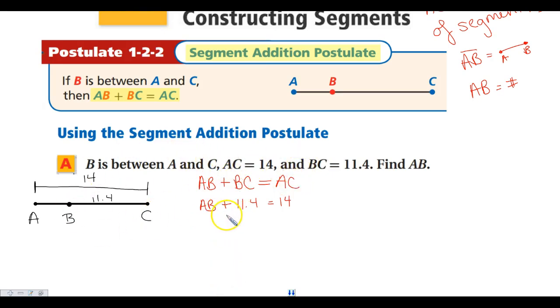So then we are going to subtract 11.4 from both sides. And I am going to get that AB is 2.6. So the length of segment AB is 2.6. So when I add 2.6 plus 11.4, I will get 14.